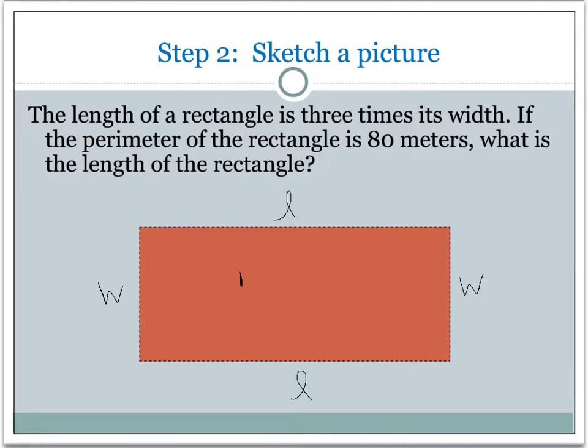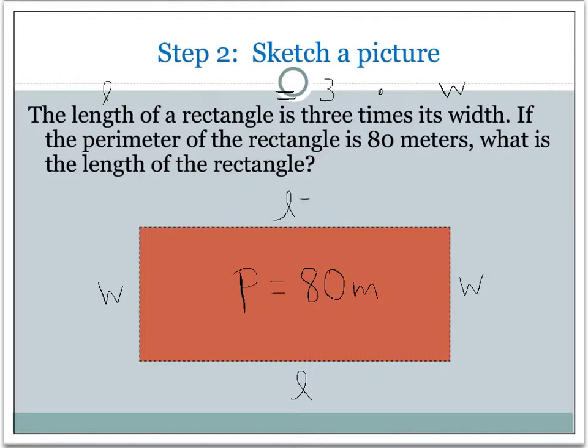We also know that the perimeter, which we'll label with a capital P, is going to be equal to 80 meters. So the entire outside 4 edges of our rectangle is going to add up to equal 80 meters. And then if we go back to that equation that we looked at here, we know that L was going to be equal, remember that word "is," equal to 3 times its width.